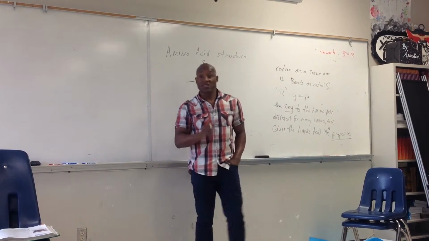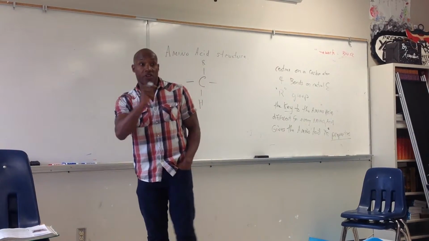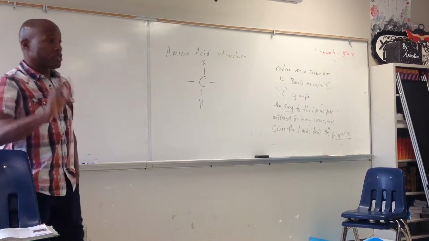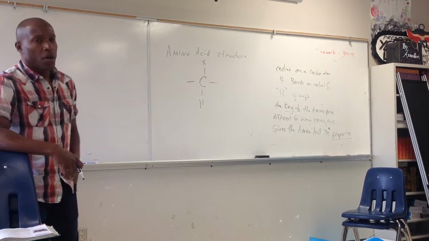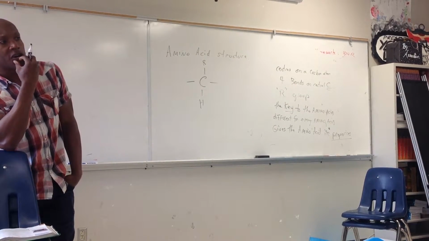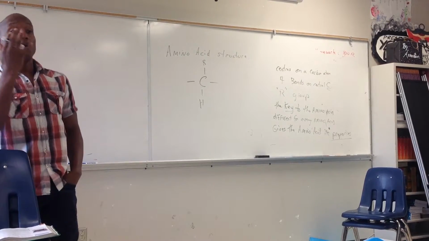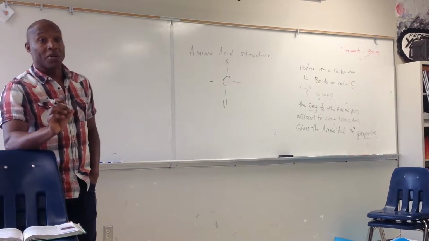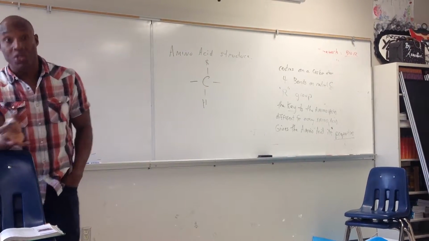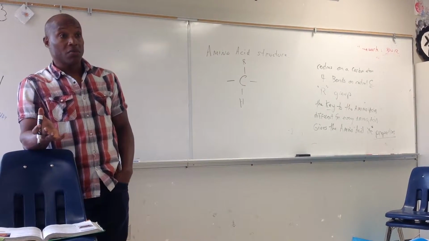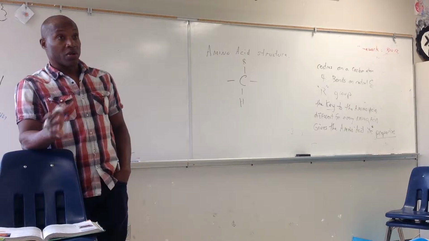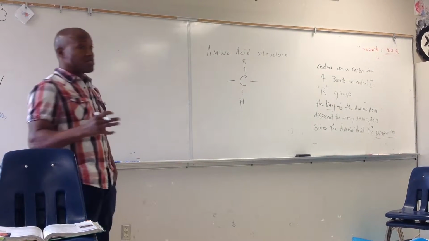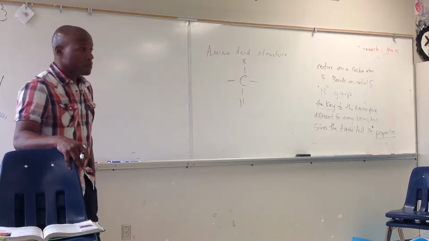So whatever properties the amino acid has, it's the R group that has those properties. That's what the R group is for. It turns all the different amino acids into something different. Because there are 20 different amino acids, there must be 20 different R groups, in general. All right, so that's the R group. It's what makes each amino acid special.